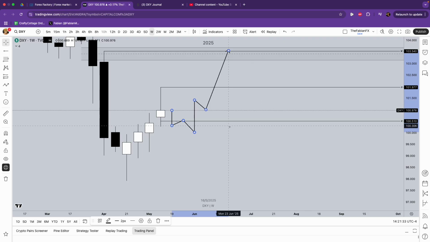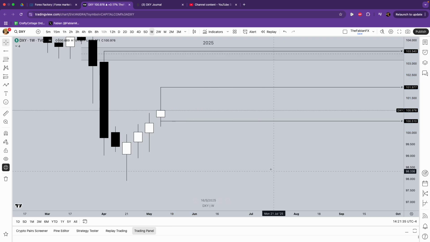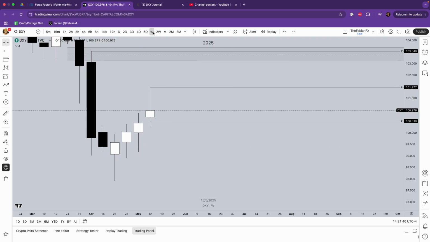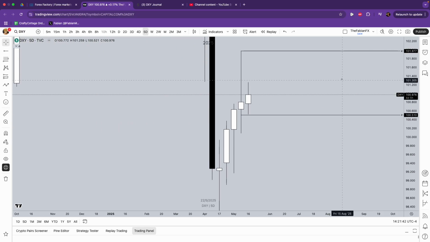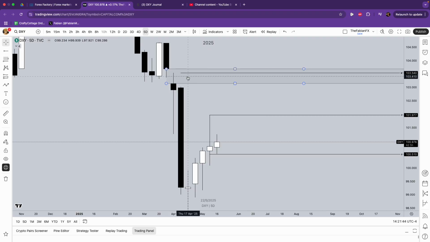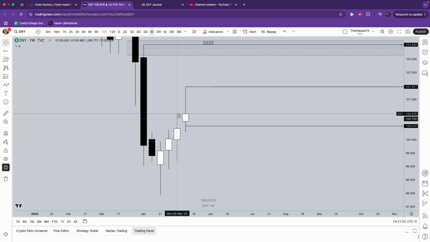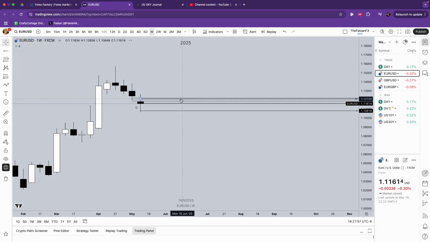Again, I've seen a lot of people have a bearish bias for next week. I don't really agree with that, and I'll tell you why. On the 5-day, what you can see on the DXY, we have this gap, which I'm targeting with the weekly high, especially with this candle closing above the previous one and the same for Euro.